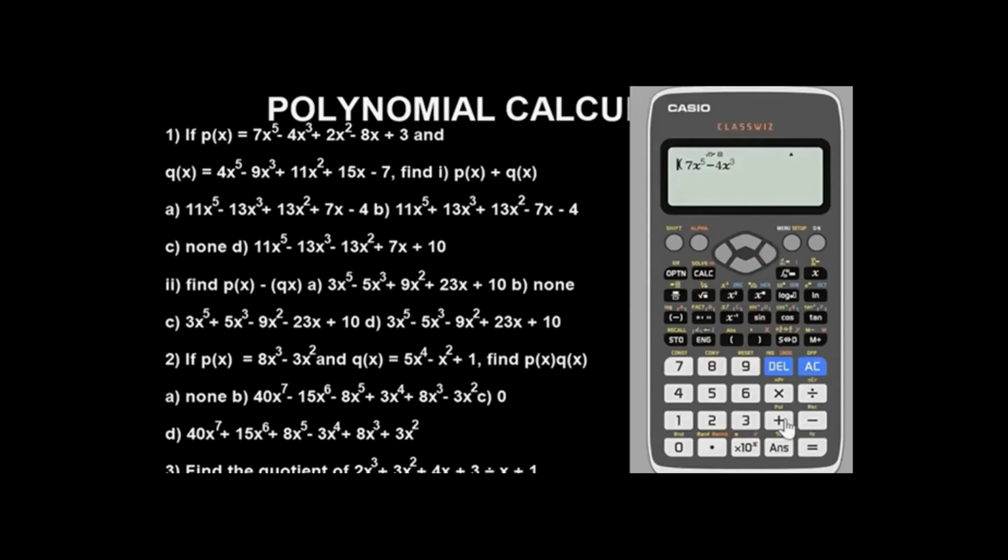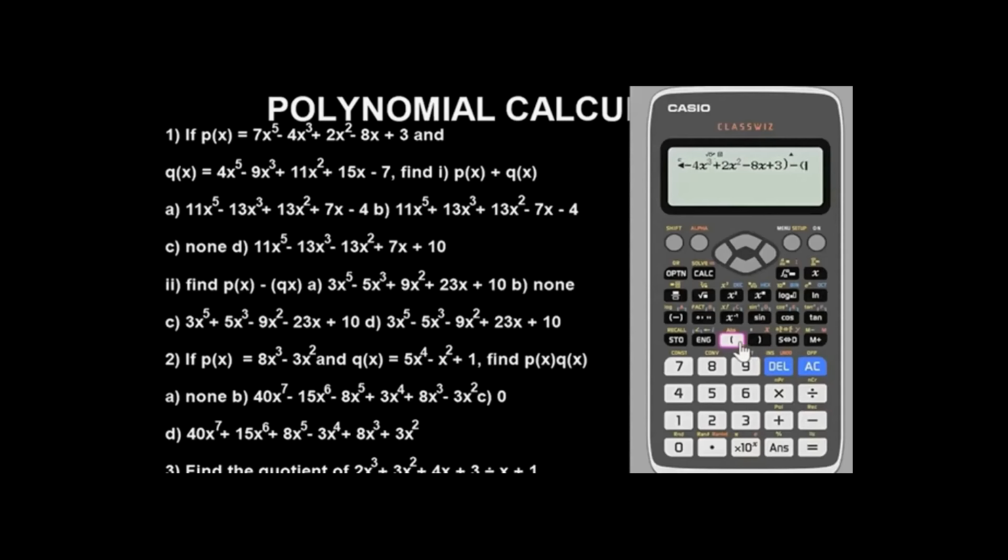Let's come down, plus 2x squared, sorry, plus 2x, alpha x, squared. Minus 8x, plus 3. Close the brackets. Hope it's correct here.